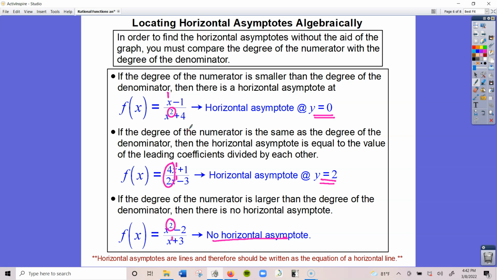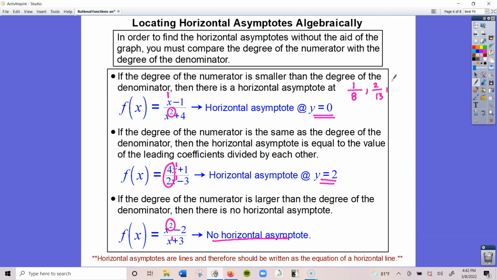Now, just so you can understand where these rules come from, the reason why this is so, for example, here in this first one, if I plug in, let's say, 2, I would get 1 over 8. If I plug in 3, I get 2 over 9 plus 4, 13.